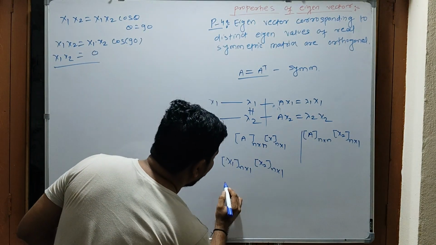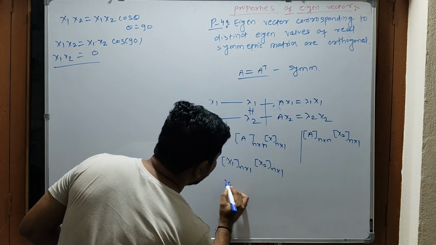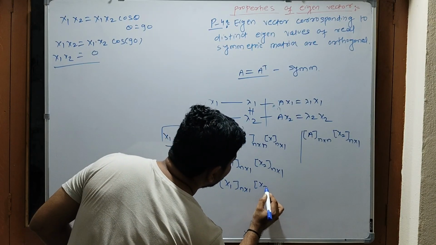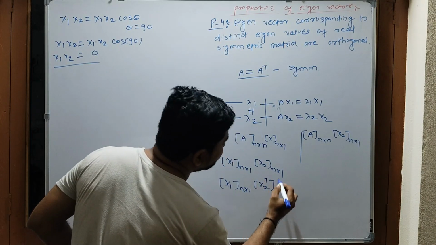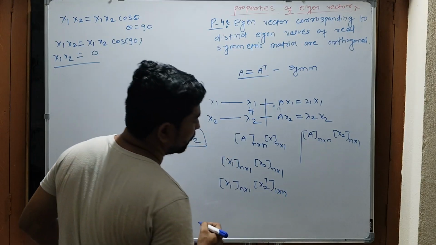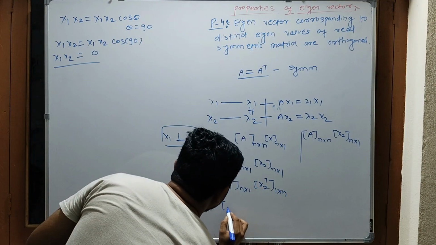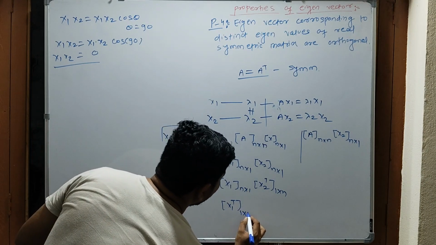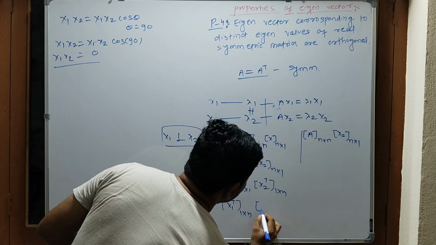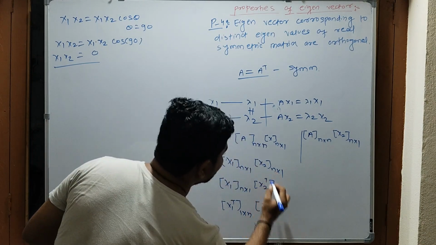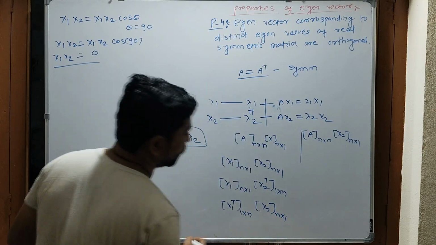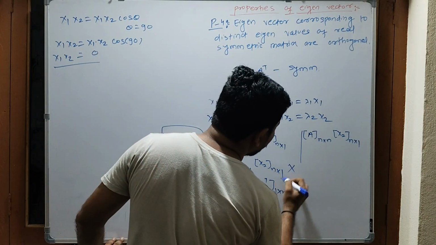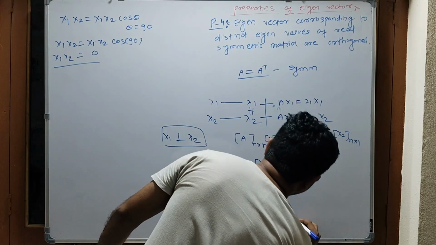So I have to take x1 times x2 transpose, which becomes 1 cross n, or x1 transpose, which is 1 cross n, and x2 as it is, n cross 1. Then this is possible.